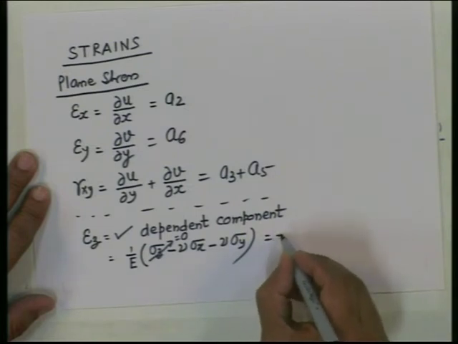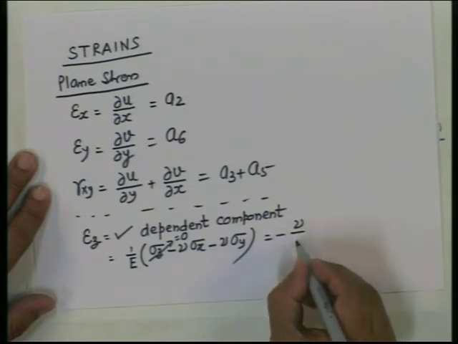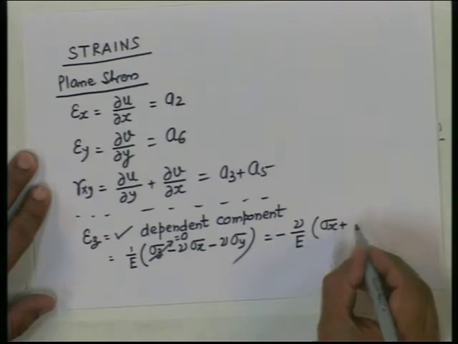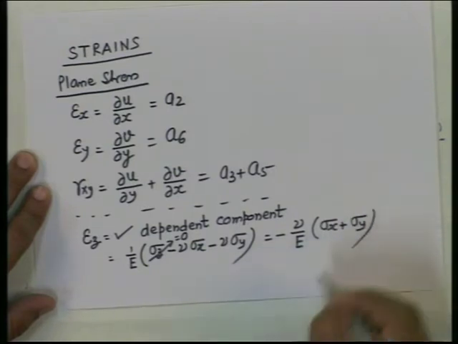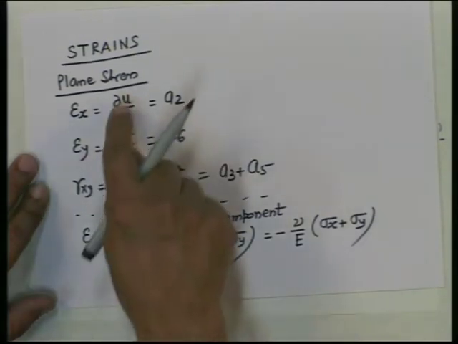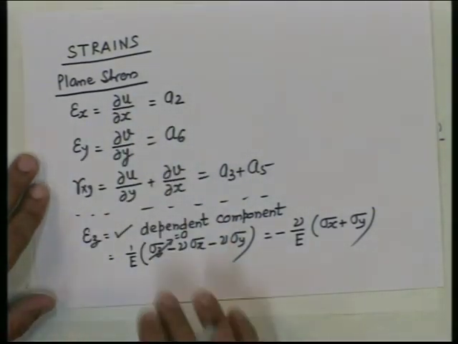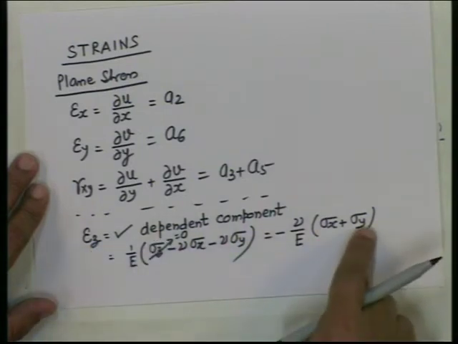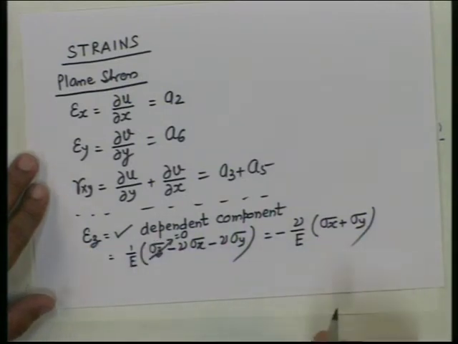Therefore it is equal to minus nu by E times sigma x plus sigma y, and sigma x plus sigma y can be found out once you have found sigma x and sigma y.